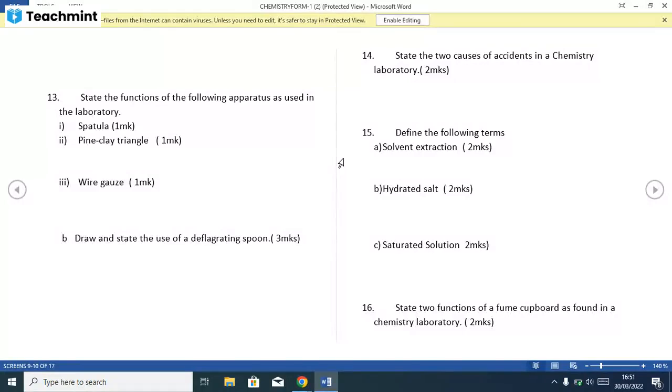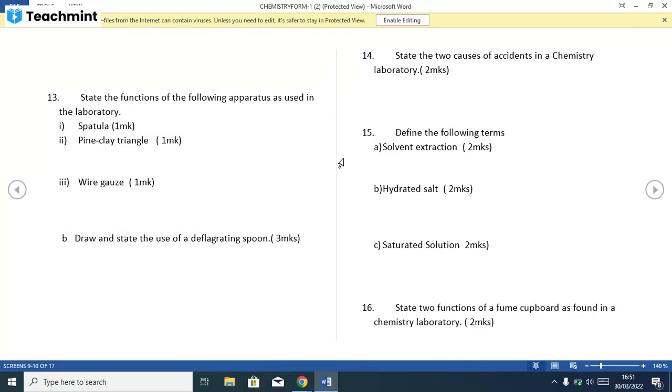This is a method of extracting oils from a substance, from nuts, like donuts, cashew nuts, coconuts.